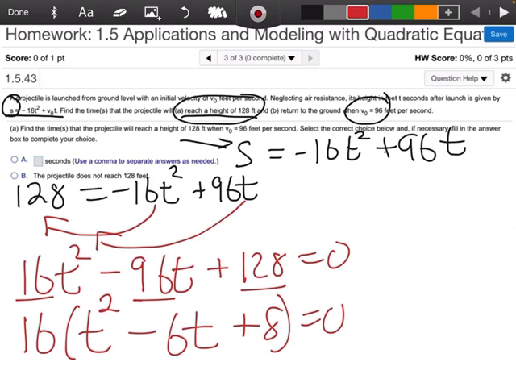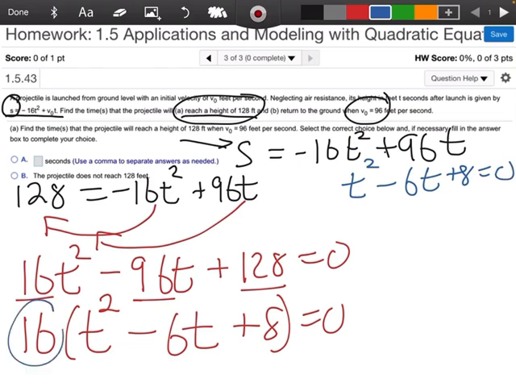So now I'm going to factor this part on the inside. I'm just going to look at the inside piece, and I'll tell you what I'm going to do with that 16 in a second. I am looking at this equation here, t squared minus 6t plus 8 equals 0.